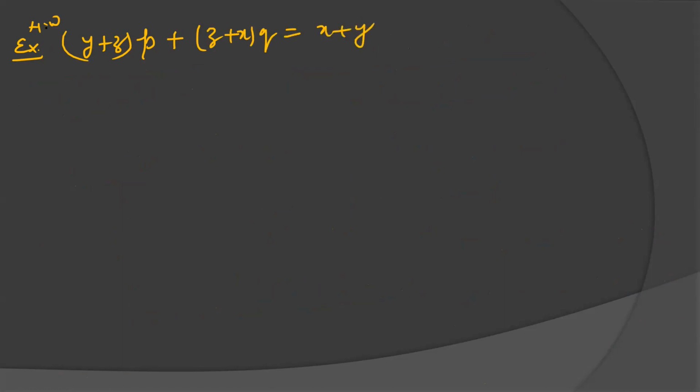This is also an important problem asked several times, but this is an easy problem, so you all can try it. One more example I am giving you as homework: y square p minus xy q equal to x z minus 2y.